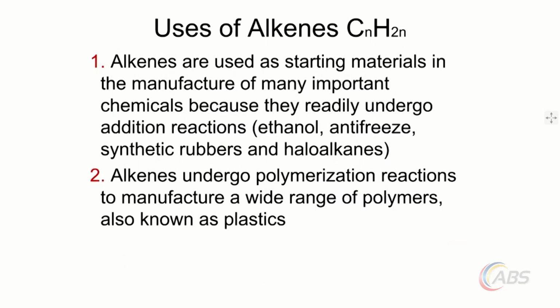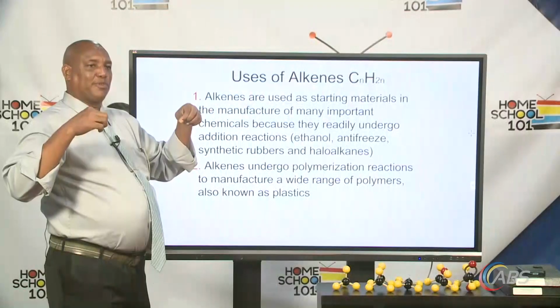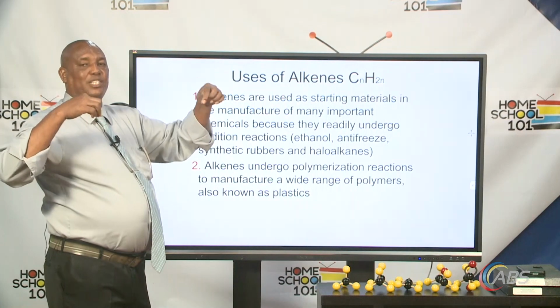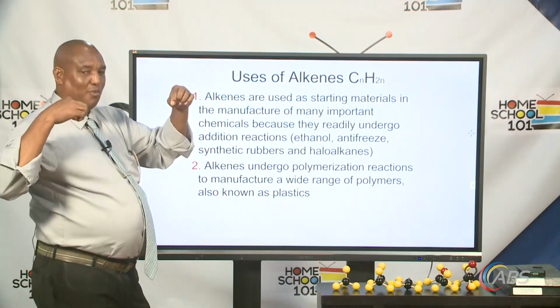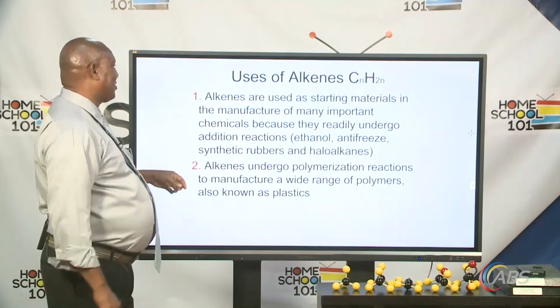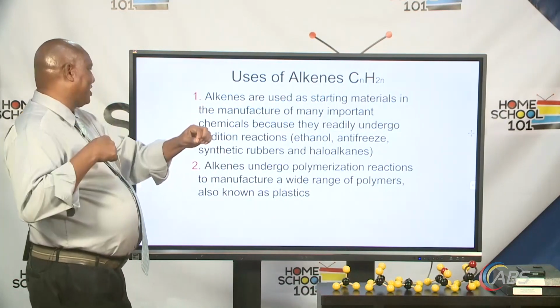Now, how do we use alkenes? Alkenes are used as starting materials in the manufacture of many important chemicals because they readily undergo addition reactions. Addition meaning the double bond breaks, and whatever we are reacting the alkene with adds on both sides of what was once a double bond. Okay? So addition reaction adds on both sides.